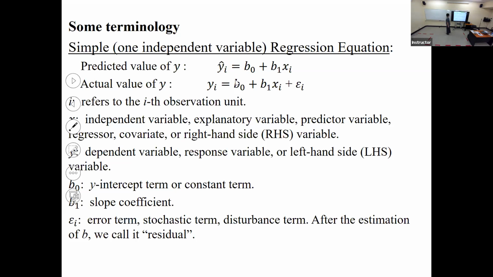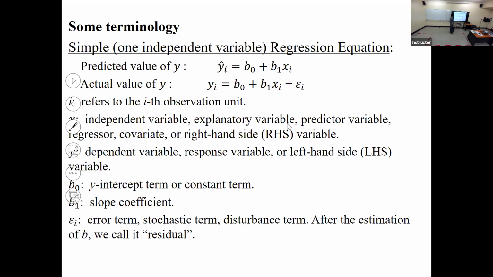Sometimes the right-hand side variables are explanatory variables, but not independent variables. That kind of thing can happen. Right-hand side variables may not always be independent. So these are not totally synonymous. But 90% of the time, you can consider them as synonymous or interchangeable.